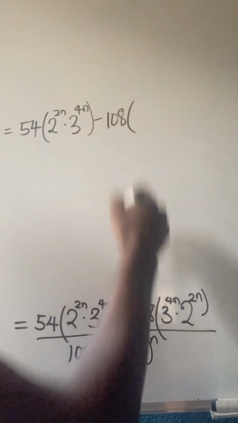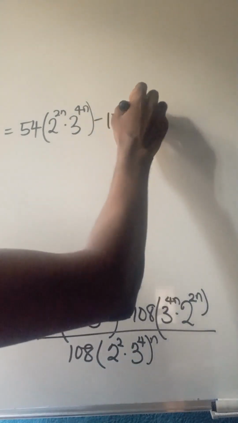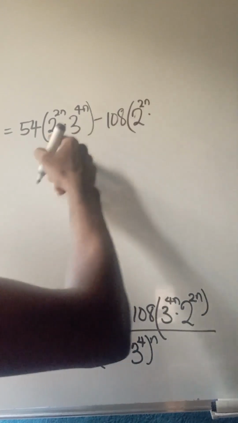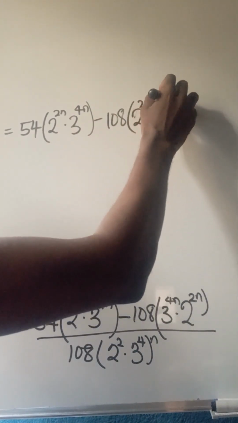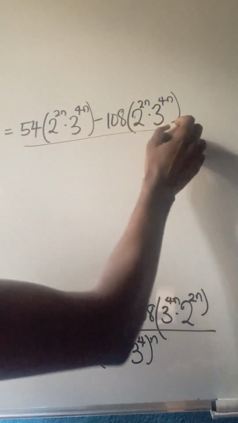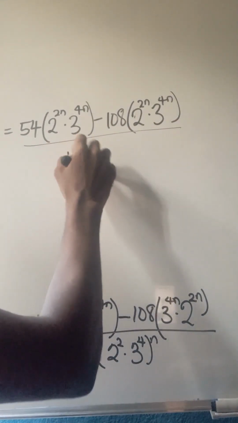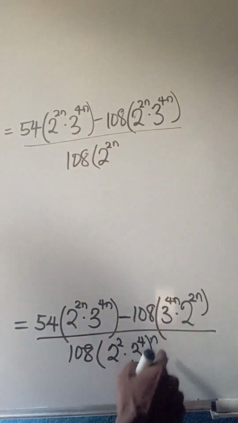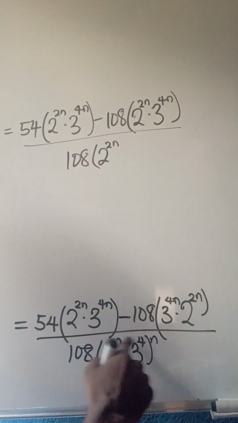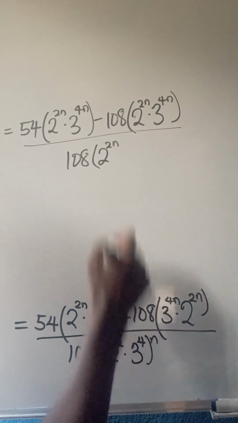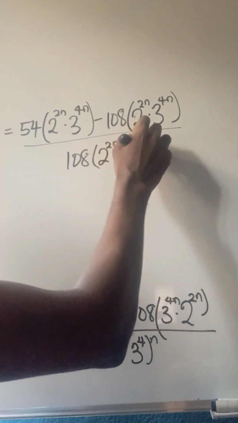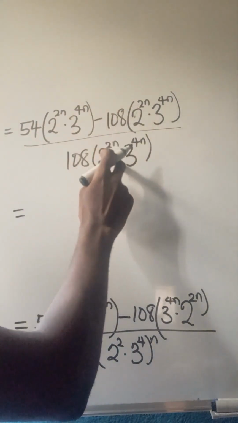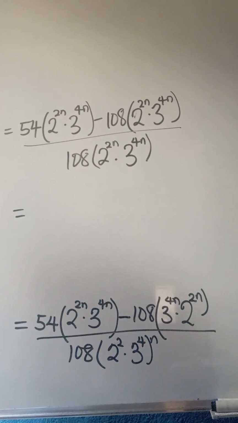Minus 108 into this, we can start with 2 raised to power 2n, like we have here, 3 raised to power 4n, all over 108. So this is 2 raised to power 2n. If the n multiplies the 2, and the n multiplies the 4, I have 3 raised to power 4n. So what can we observe? We can see that this and this are common.